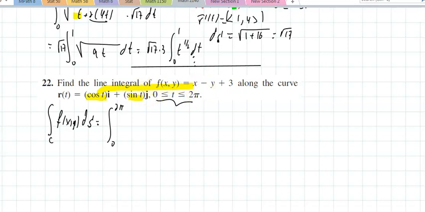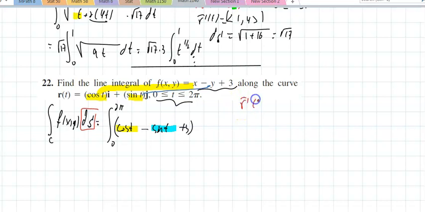That will help. So, x minus y, and there's a plus 3. And that's this. So, this is the cosine of t. This is the sine of t plus 3. And ds. Never going to get old.